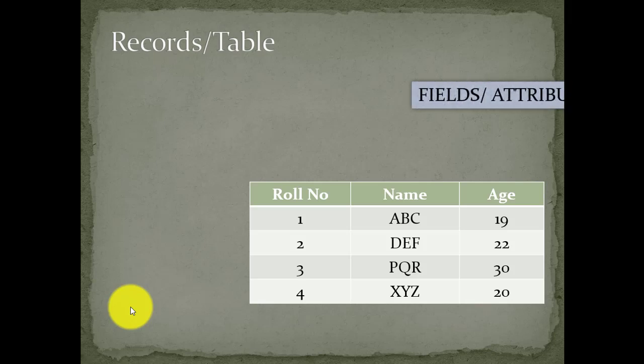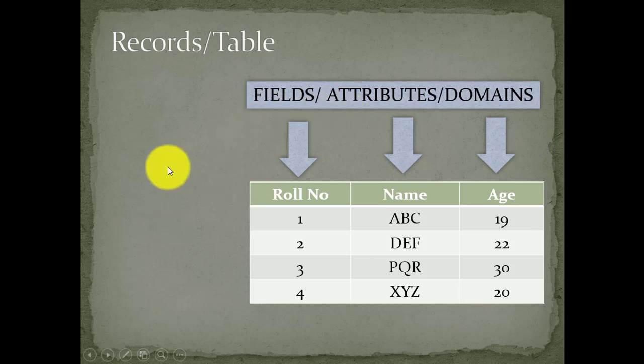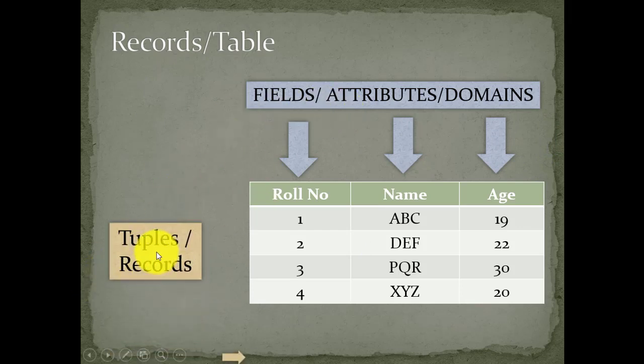It has columns as well as rows, but in database language these columns are called fields or attributes or domains, and these rows are called tuples or records. So you can see that there are four tuples or records in this particular table, and in this table there are total three fields or attributes or domains.